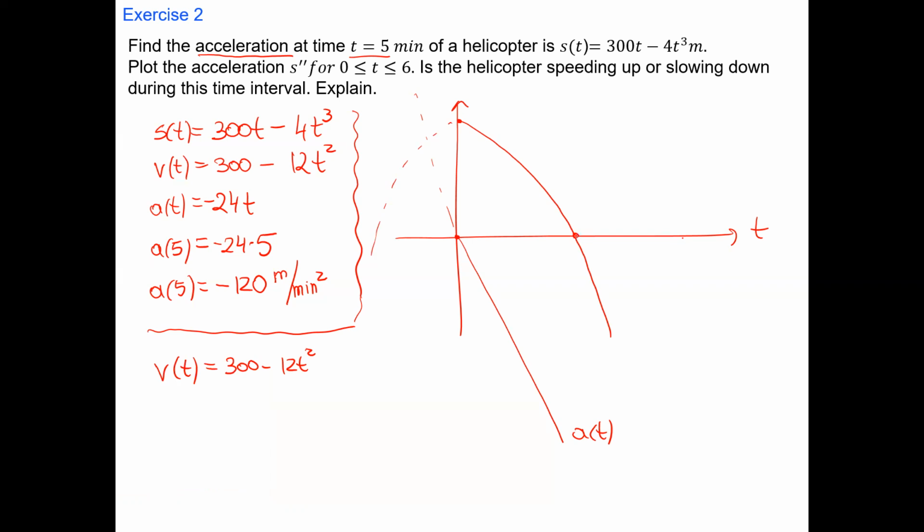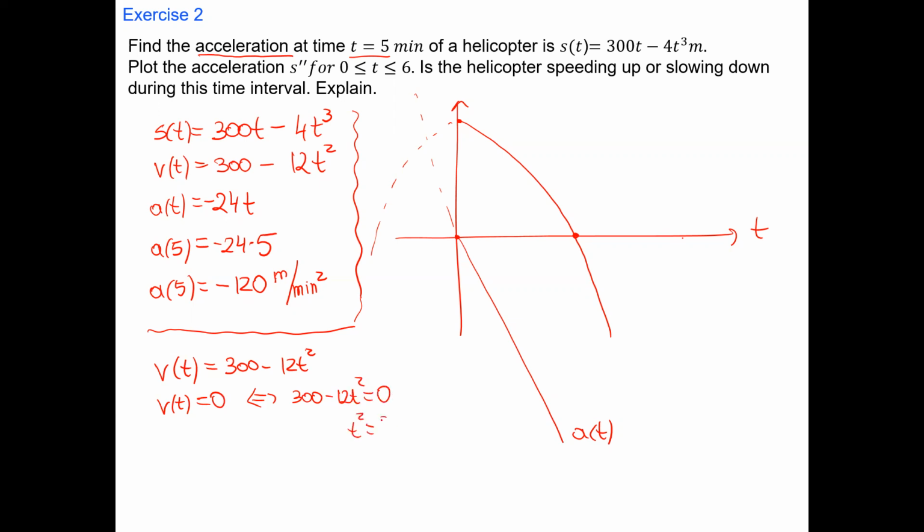We don't know the x-intercept, the time. What is the time when the velocity is 0? We can figure out this one. Velocity is 0 if 300 minus 12t squared equals 0.